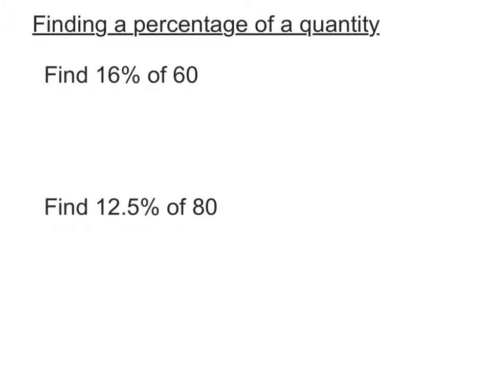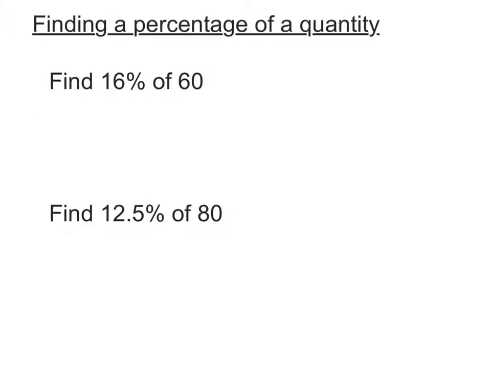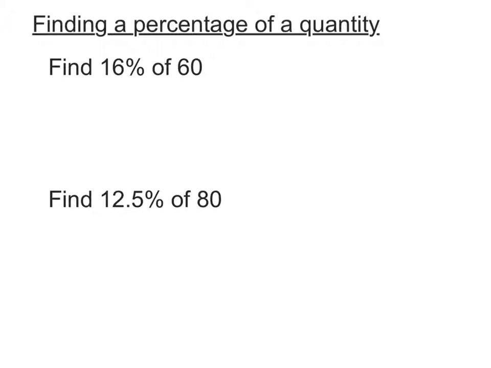Finding a percentage of a quantity. If we start with getting 16% of 60, you have two methods that you can use. I'm going to recommend one of the methods, but very quickly, the first method would be to get 1% of 60. Now, if 60 is the full amount, then 60 is equal to 100%. Divide by 100 to get 1%, which then would be 0.6.